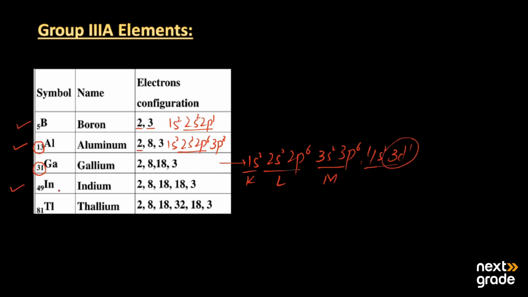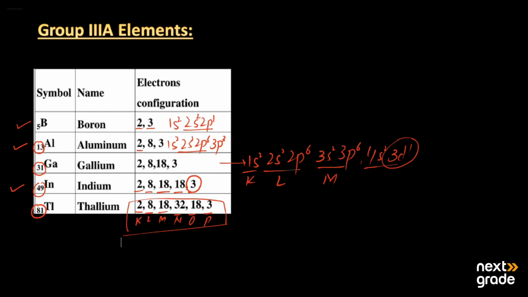Then we have indium. Its atomic number is 49, and its electronic configuration we can write as 2 electrons, 8, 18, 18, and the last shell again has 3 electrons. Then we have thallium. Its atomic number is 81. Its electronic configuration is like this: K shell, L, M, N, O, and P. So this is its electronic configuration in the valence shells.